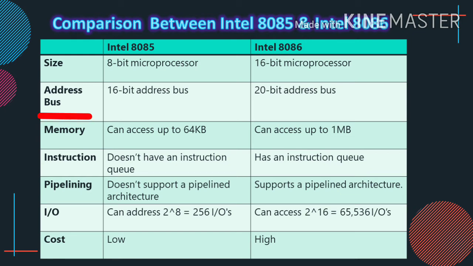Address bus: 8085 has a 16-bit address bus, while 8086 has a 20-bit address bus. Memory: 8085 can access up to 64 KB, whereas 8086 can access up to 1 MB of memory.